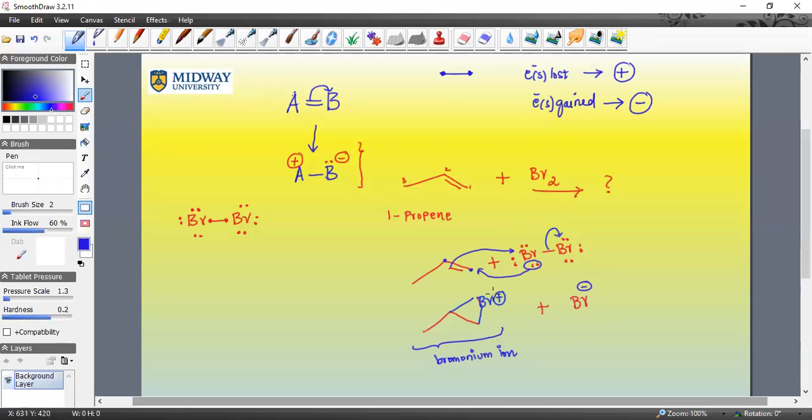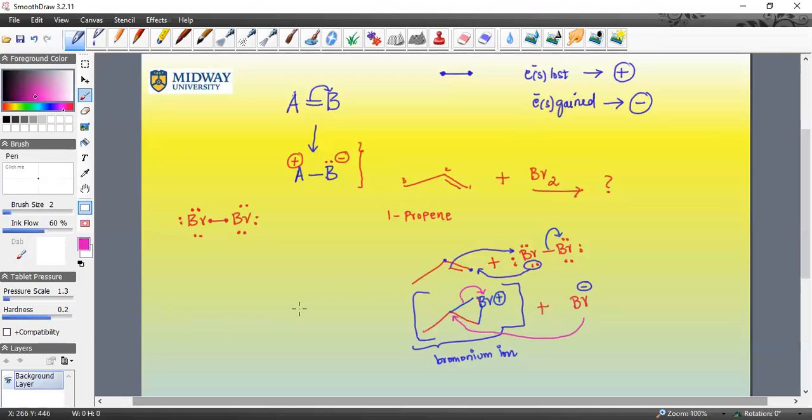Now, as I said, anything with a positive charge or radical is sort of an intermediate, meaning it's kind of unstable and it wants to get to some kind of stable form. So here's what's going to happen. The Br minus will attack this carbon right here, moving this bond back onto here.